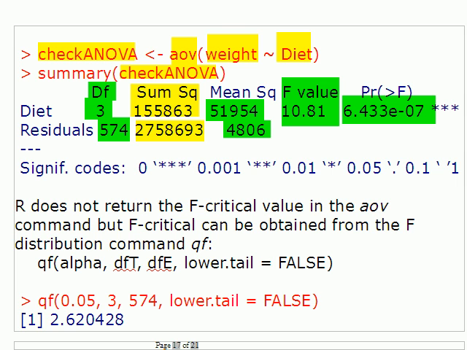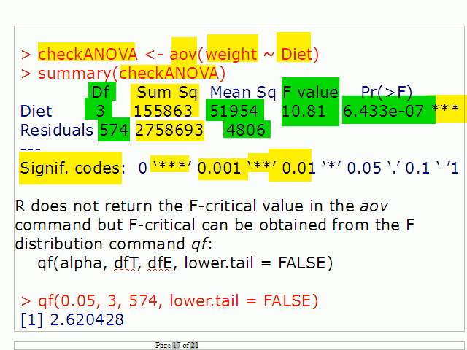Look at this code right here in case you hadn't noticed this before. All right, what do these different asterisks mean? Here's the significant codes right here. If you have the 3 asterisks, that means that this p-value is less than 0.001, which would correspond to a 99.9% confidence level.